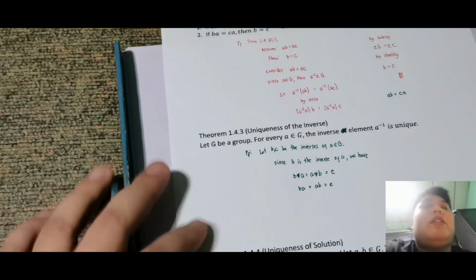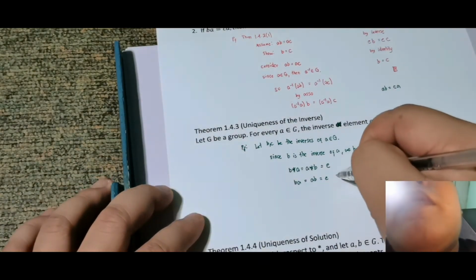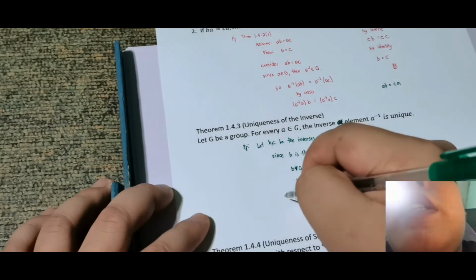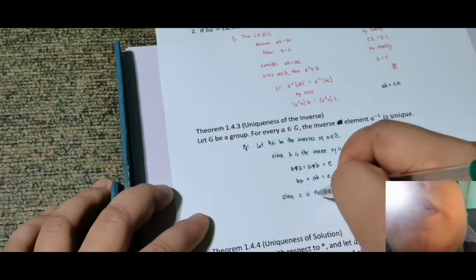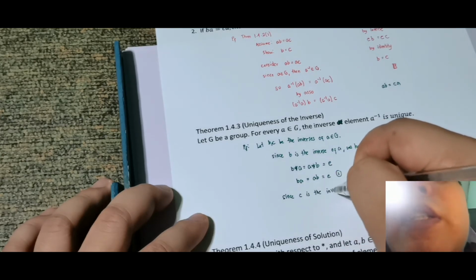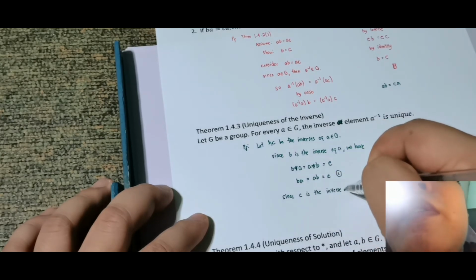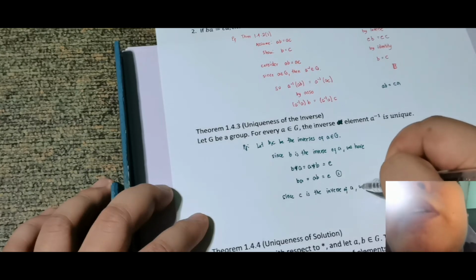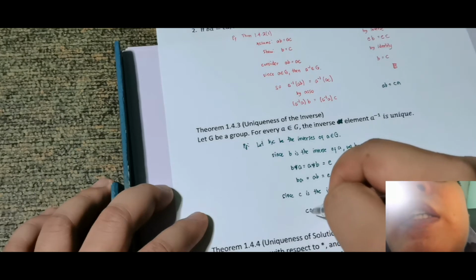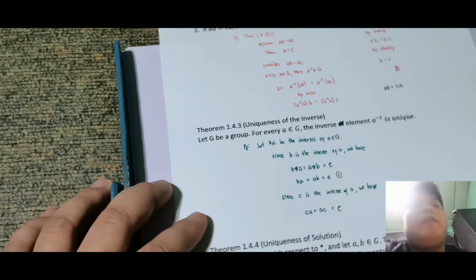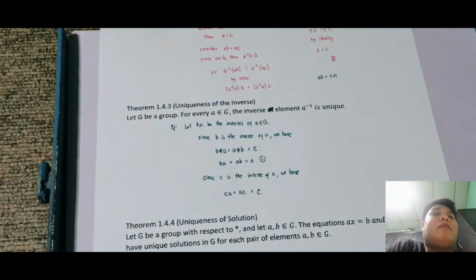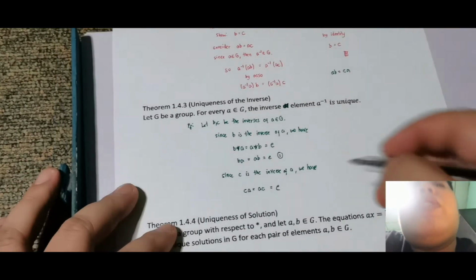Okay, so let me call this equation number 1. Next is since C is also the inverse of A, so we also have the same thing, which is CA is equal to AC, which is equal sa E. Okay, so equation number 2 to.